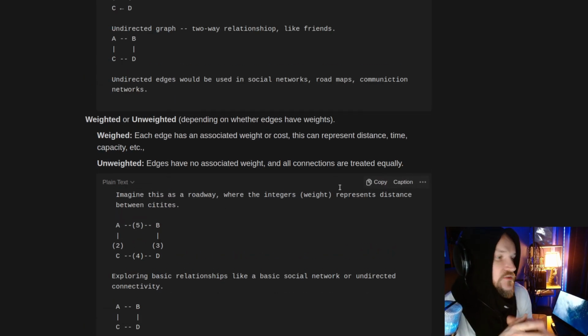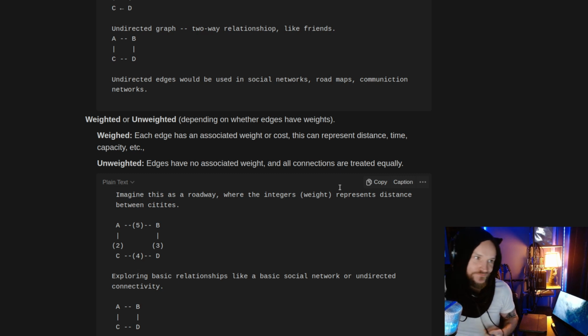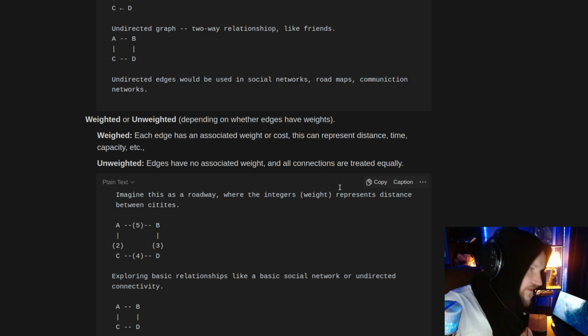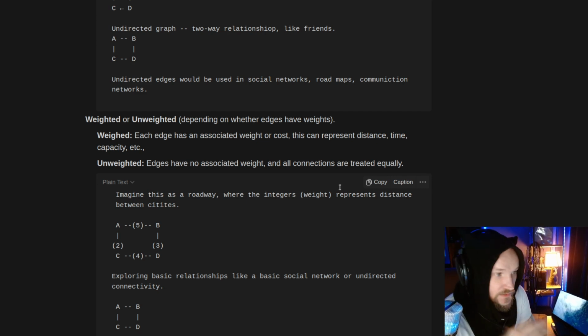So think about a delivery driver. When you wake up in the morning, the company knows your route, where you've got to go, your packages, all that stuff.